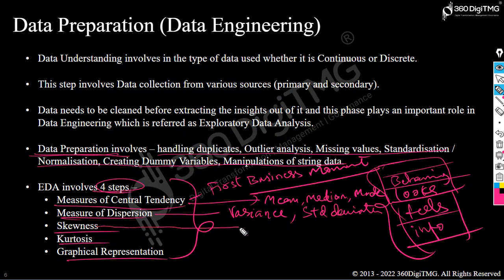The third is skewness, where you'll have positive and negative skewness. That again gives you the probability distribution.